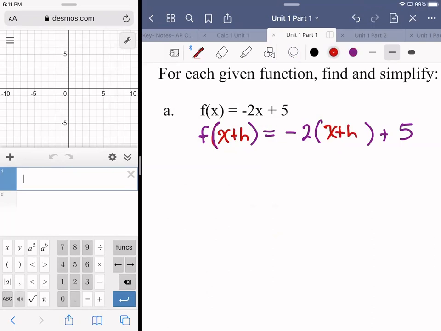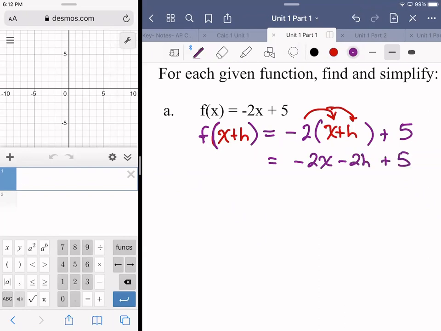When I do that, it'll allow me to distribute a little bit, not too much. The simpler the function that you're working with, the less work you'll typically have to do. So we have negative 2x minus 2h plus 5.